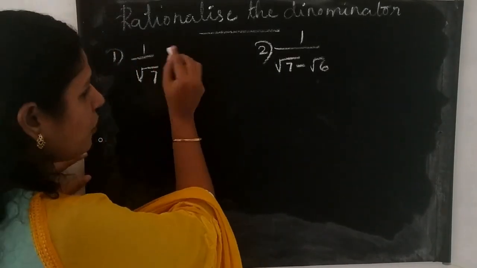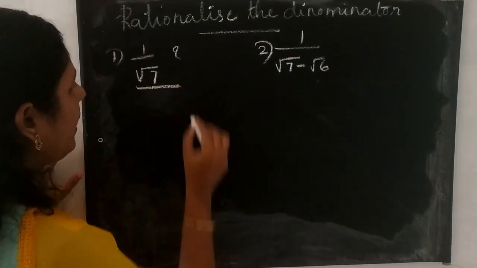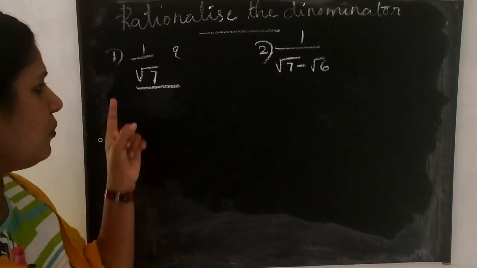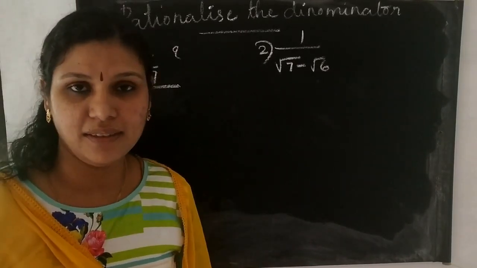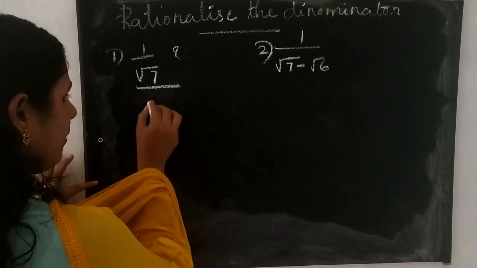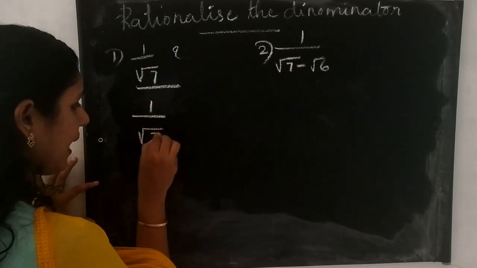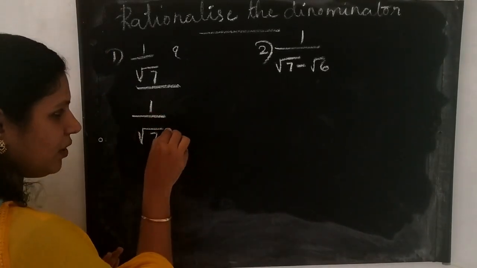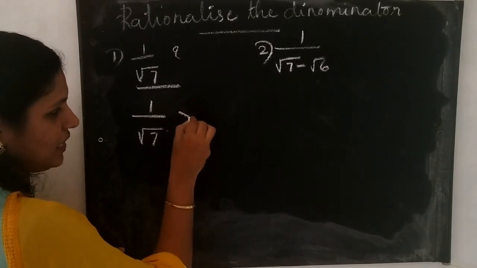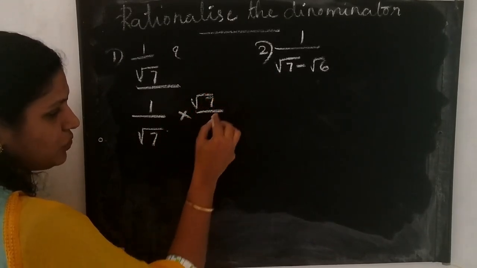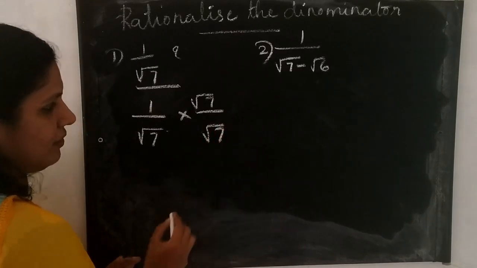So now we are going to the first question, that is 1 by root 7. How to remove root from this? See, we just multiply by this root 7 on both sides, that is root 7 over root 7.